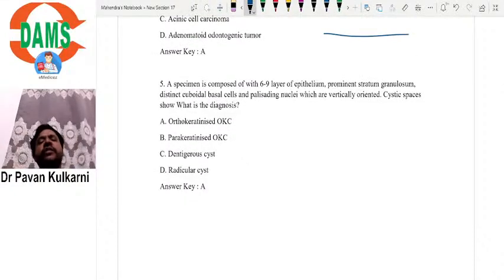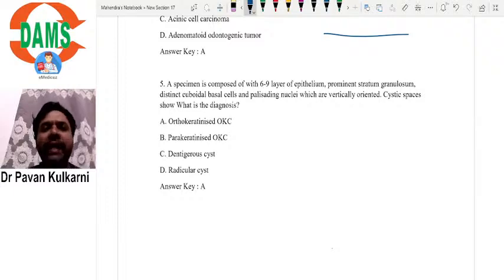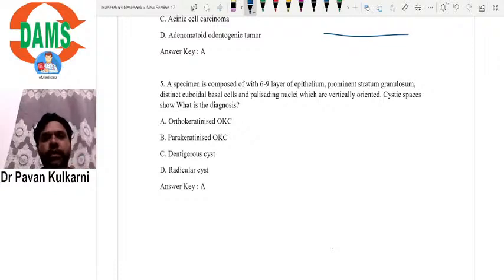So perineural invasion is a characteristic of the salivary gland malignancy, that is adenoid cystic carcinoma. Adenoid cystic carcinoma is also very famously known as cylindroma. We are supposed to remember this synonym also, cylindroma. One more point I want to highlight is that perineural invasion can also be seen in one more tumor, that is PLGA.